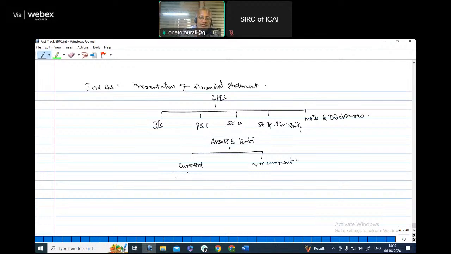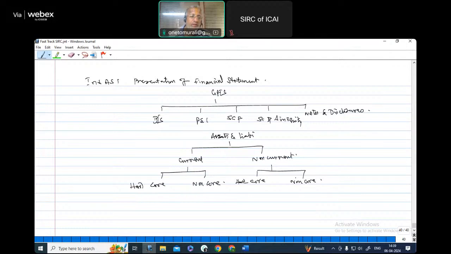Current items we will take up as hardcore and non-core.